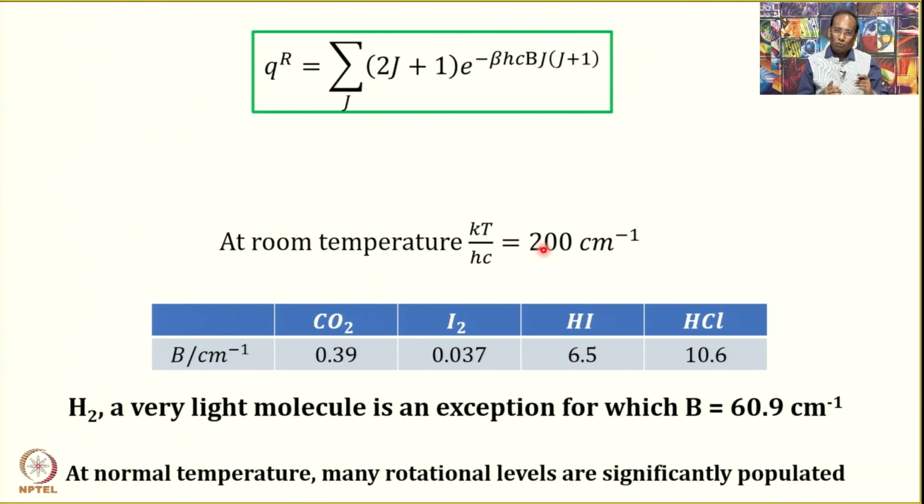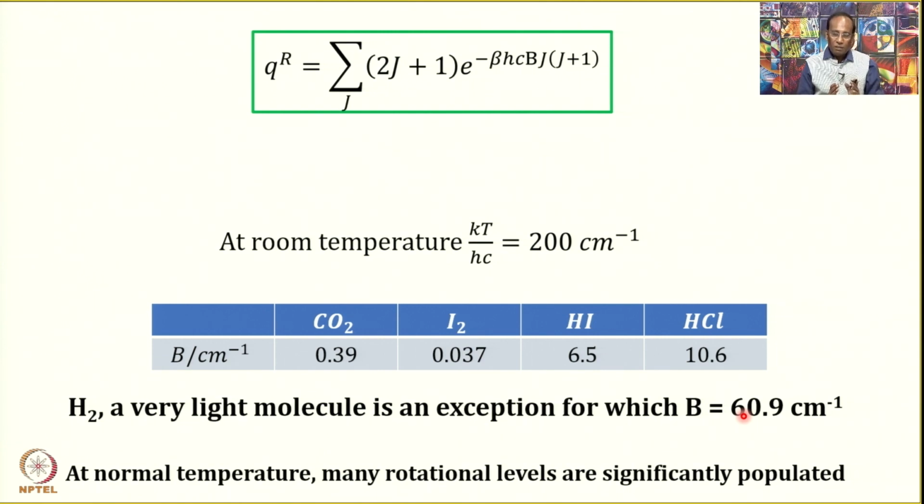So, one has to be careful when you use that approximation, that for a certain molecule at normal temperature, a significant population of rotational energy levels will be there. One has to be very, very careful when these numbers are no longer so different that one can be ignored.